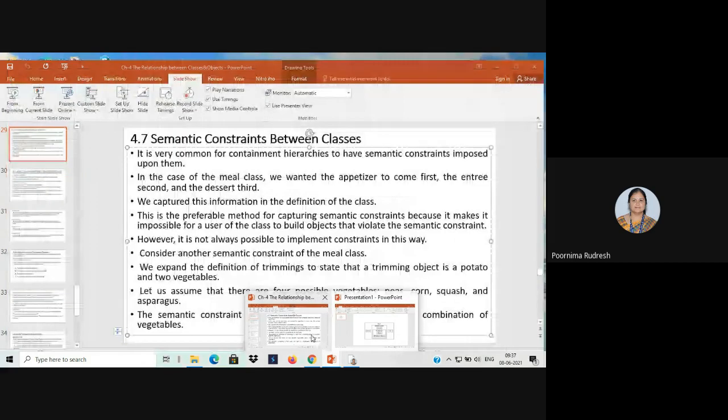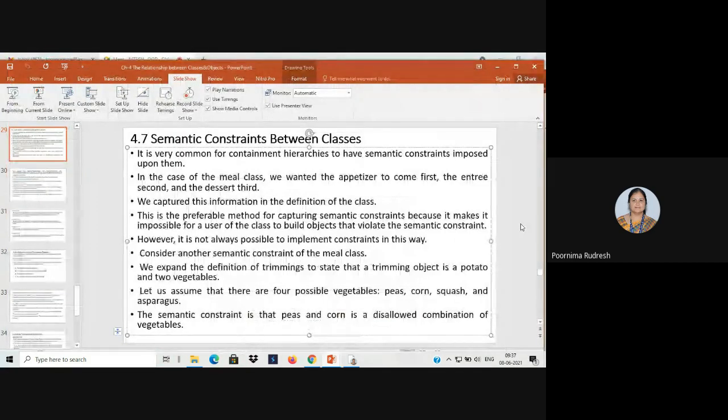So here we are discussing the meal class, right? So in the meal class, what is our main requirement? We want the appetizer to come first, the entry second, and the dessert third. So for this we are defining the class and we are capturing the semantic constraints. Okay, understood. But it is not always possible to implement the constraints in this way.